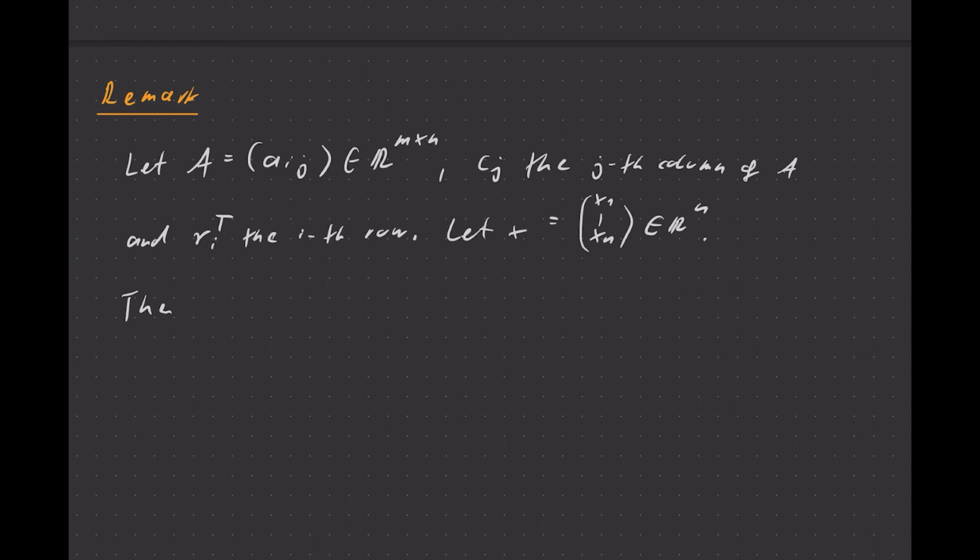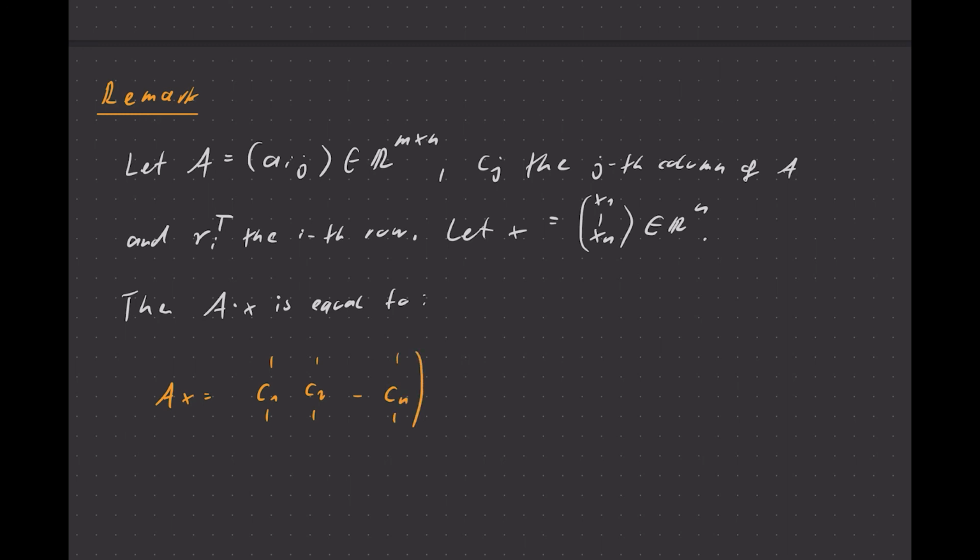Then A times x, well, what happens here? Basically what we do is we can interpret A as a collection of columns. So we could write this as the column C1, the column C2, and so on up to the nth column.